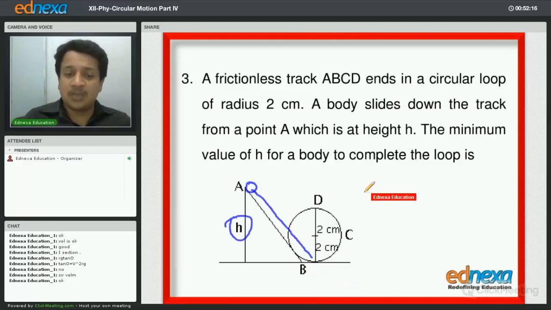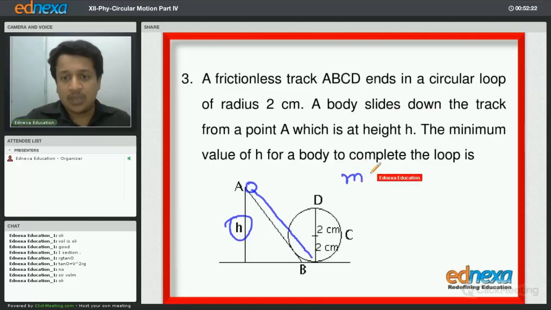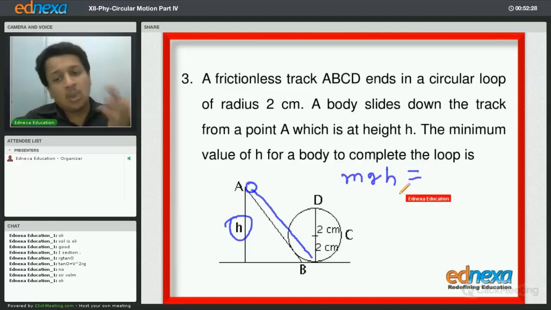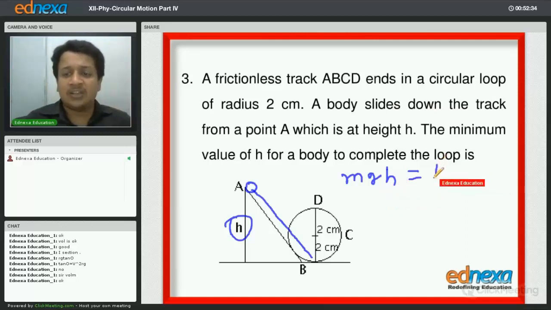Yes, potential energy. So mgh is equal to, now at point B, height is 0, so there is no potential energy. At point B, the whole energy will get converted to kinetic energy, that is half m Vb square.